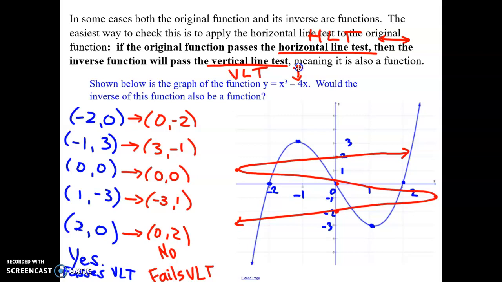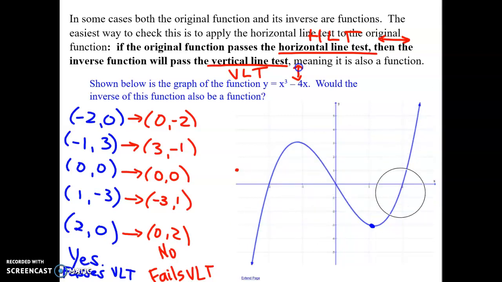So if I look back at my original function and I draw a horizontal line and I see that it fails because it hits 1, 2, 3 times, then I know that the inverse is not a function. So again, the vertical line test tests a function that you have, but you can check if the inverse is a function by applying a horizontal line test to the original graph.